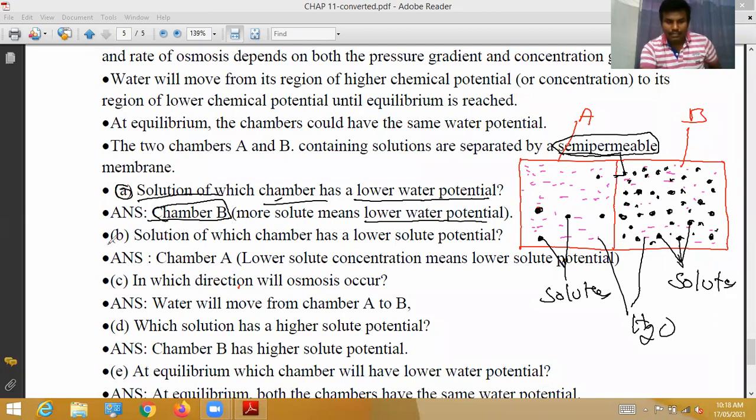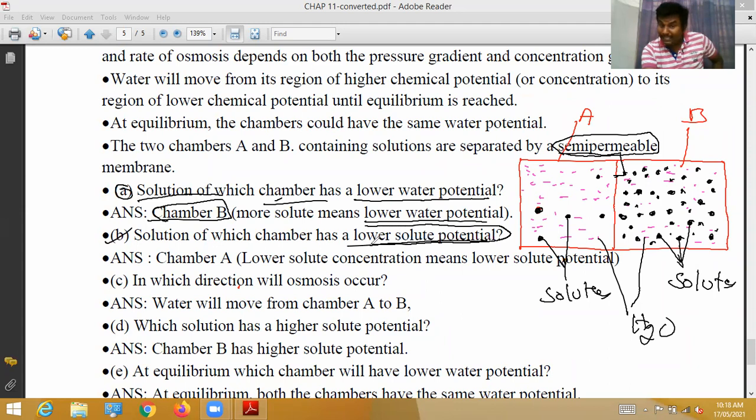Okay, next, come to B. Actually, in your textbook these answers are not there, so you better write them, or else in my material I have already given them. Solution of which chamber has lower solute potential? Out of the two chambers, which chamber has lower solute potential?